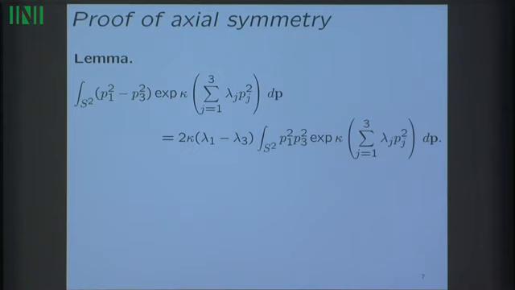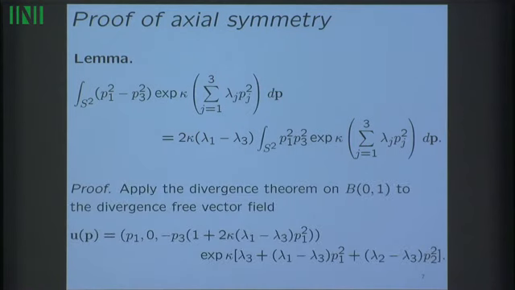Well, it just comes from applying the divergence theorem on the ball. So you take the unit ball, and this U here is, as you can check, a divergence-free vector field. Here we're taking P, of course, to be in R3.